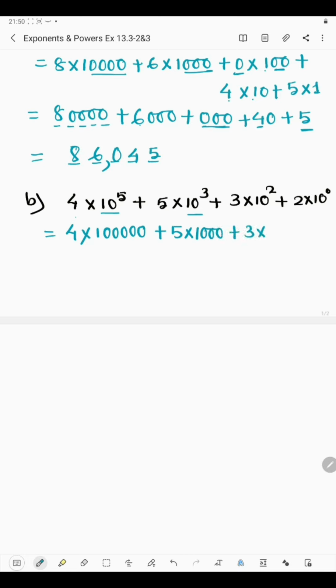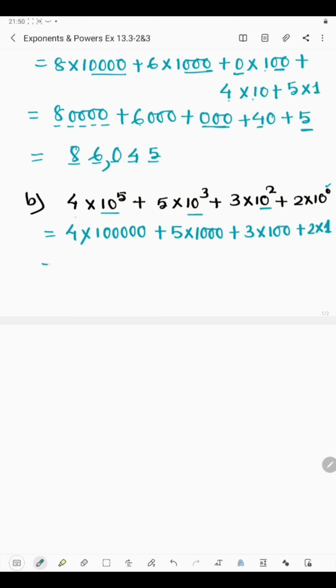Then 3 multiplied by 10 square means 2 zeros with 1, and 2 multiplied by 10 to the power 0 is 1. Anything to the power 0 is 1, and when the power is 0, we will not put any zeros after this digit.